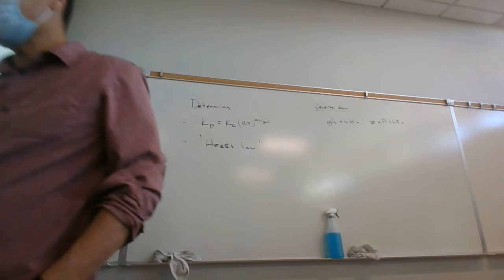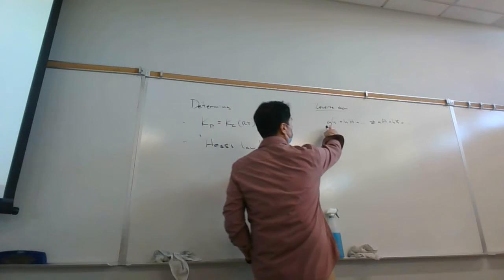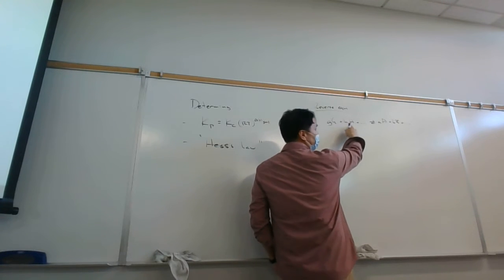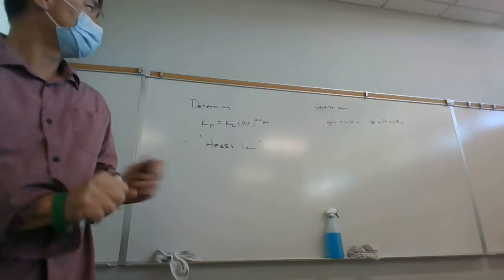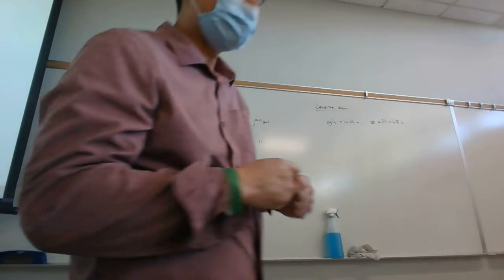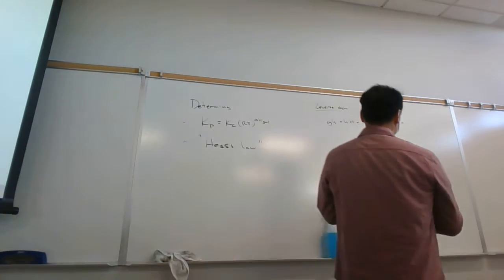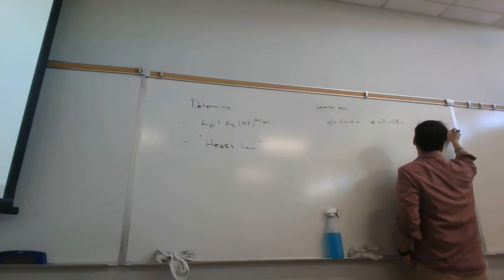The reactants are now the products, and the products are now the reactants. Well, that means we're going to flip the numerator and the denominator. So K for the reverse reaction is just equal to 1 over K for the forward reaction.